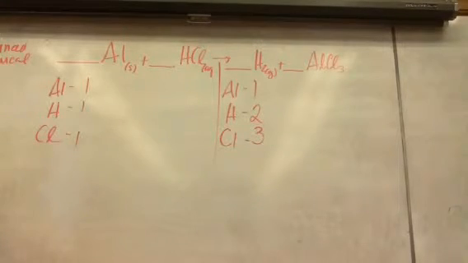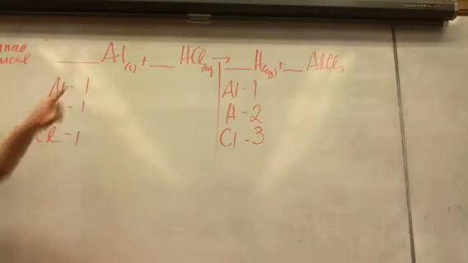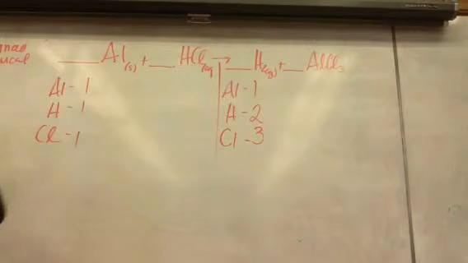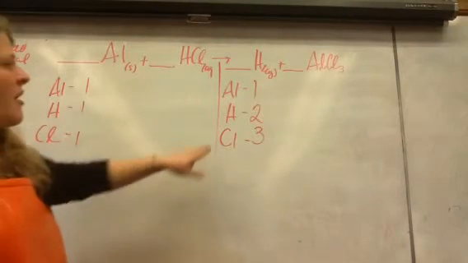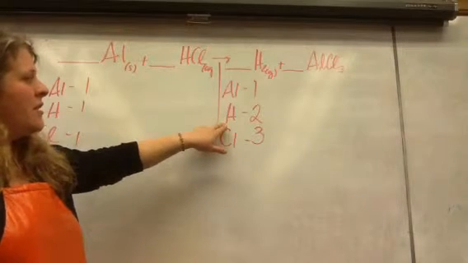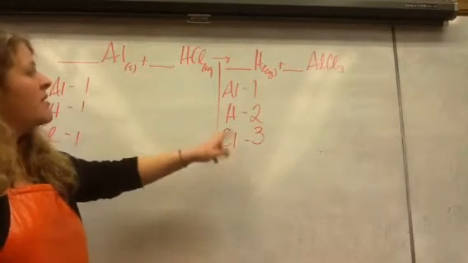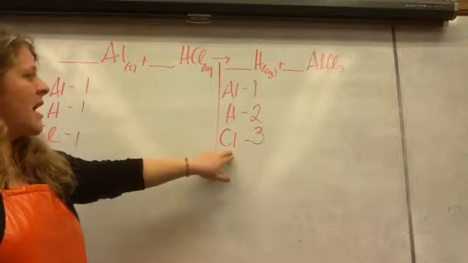Always first try to balance things that appear in compounds on both sides. Then go for things that appear in compounds on one side, and leave things that are all by themselves for last. Those are easy. So let's start off with our hydrogen. No, let's start with our chlorine, since it's in a compound on both sides.